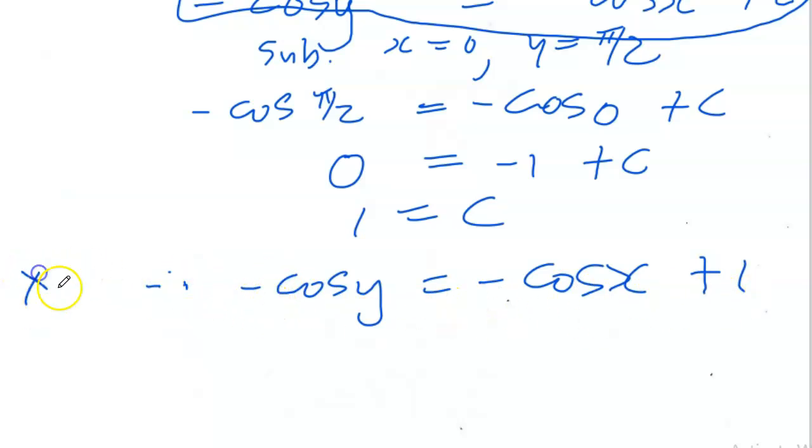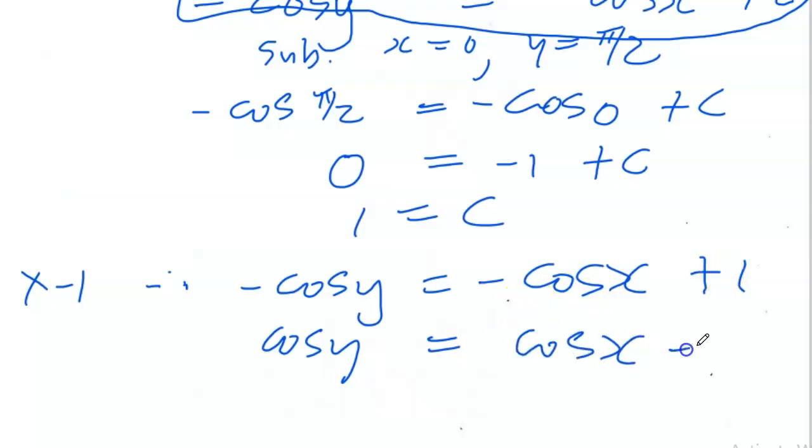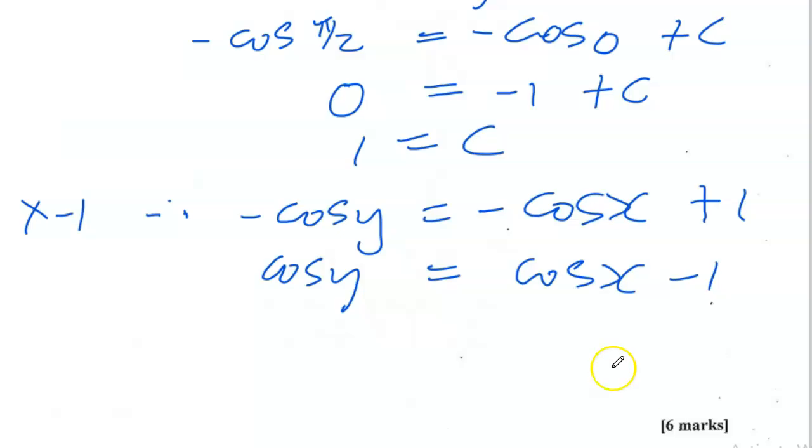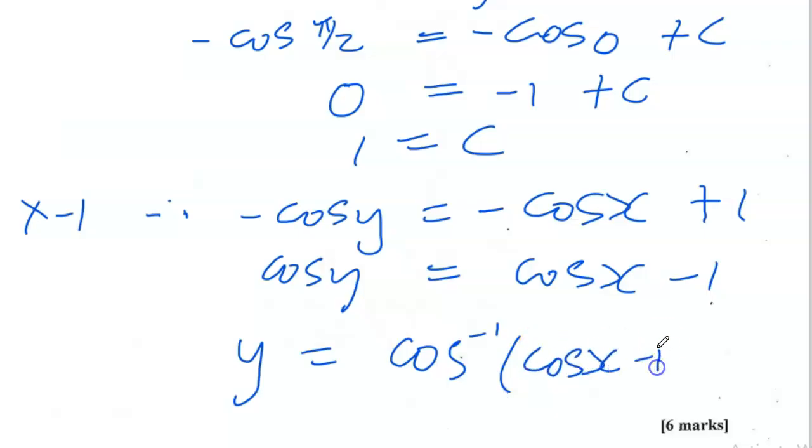So minus 1 times the left hand side, that's positive cos y. And minus 1 times the right hand side, we get positive cos x minus 1, which means that y is equal to cos inverse of (cos x minus 1).